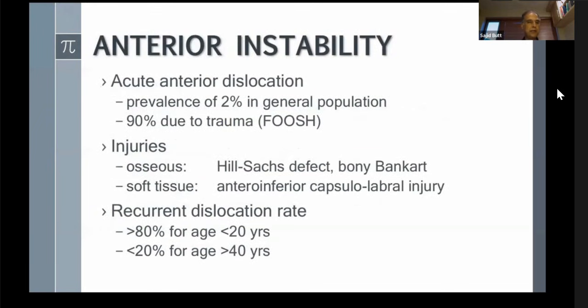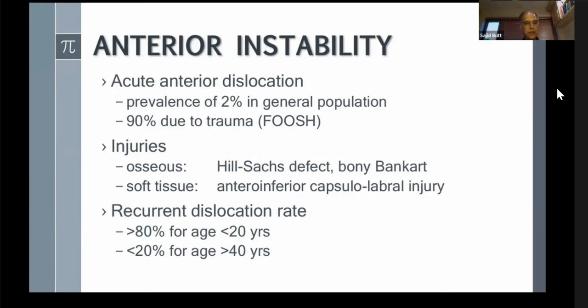The most important is anterior instability, because of trauma almost always, and in patients who have a history of fall on the outstretched hand. Once you get the injuries, bones get affected in terms of Hill-Sachs defect and a bony Bankart lesion, which is a fracture of the anteroinferior margin of the glenoid.